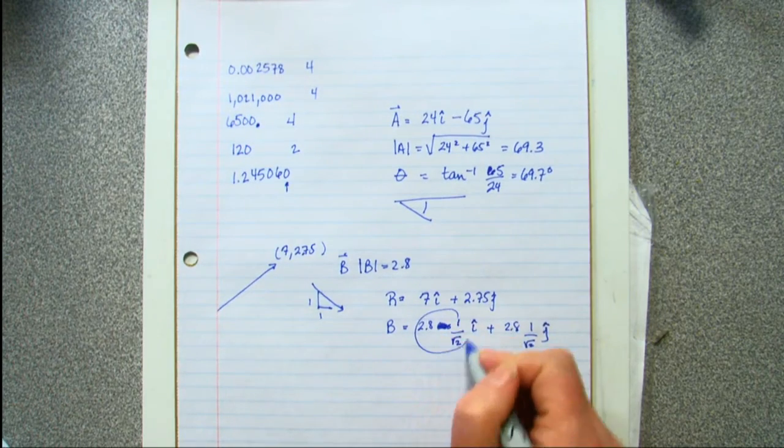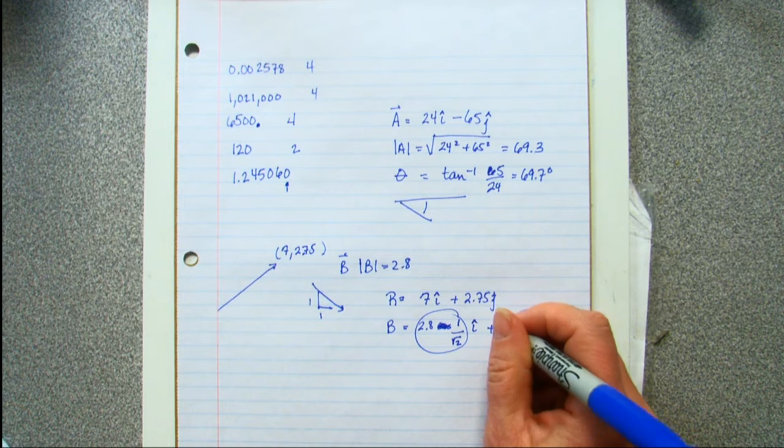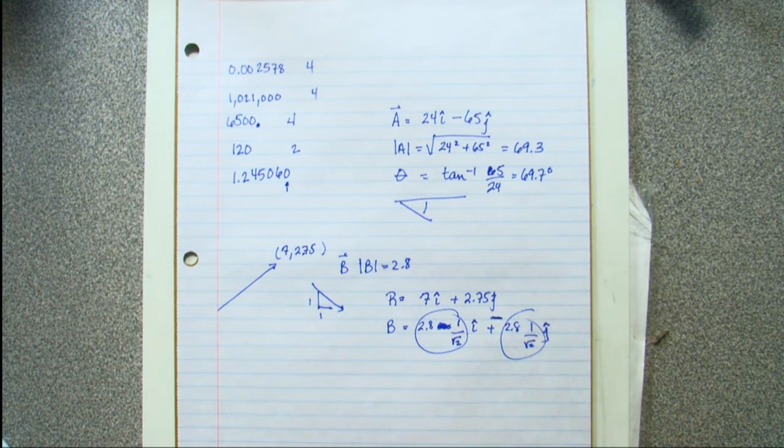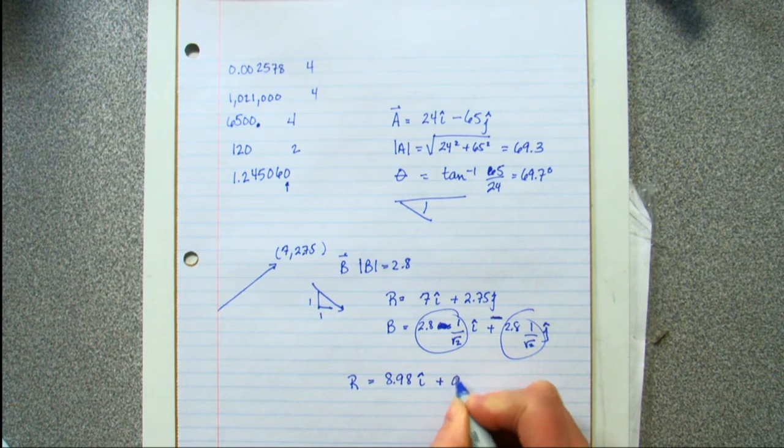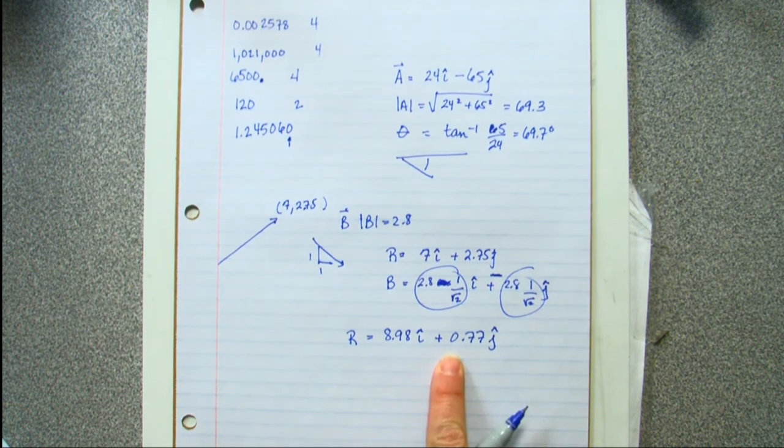And this was the common mistake. And the other part is I had to have a negative for that one. That was another common mistake. So the resulting vector ends up being 8.98i plus 0.77j. I counted that as correct.